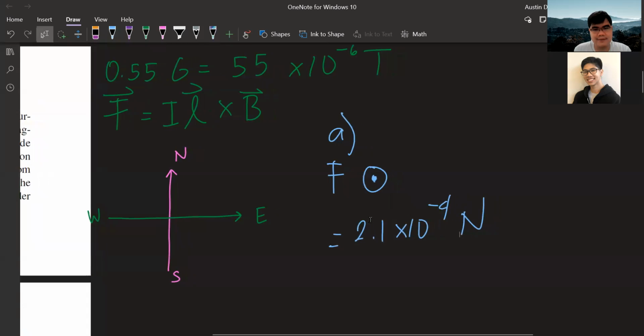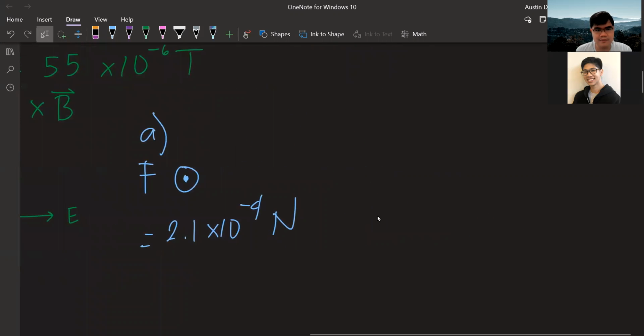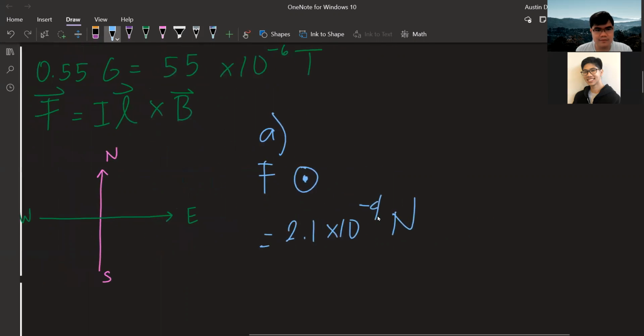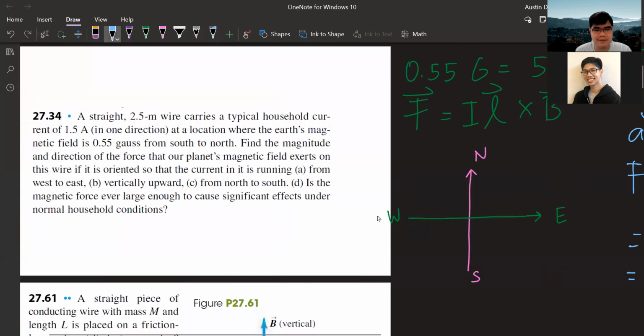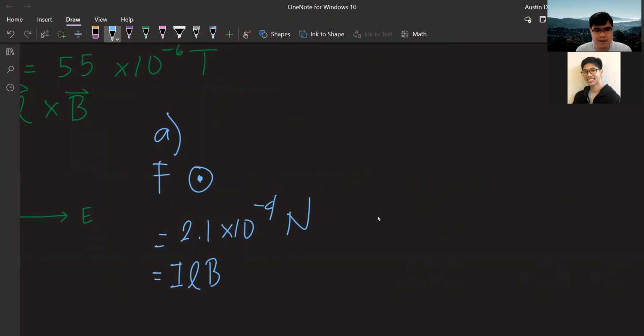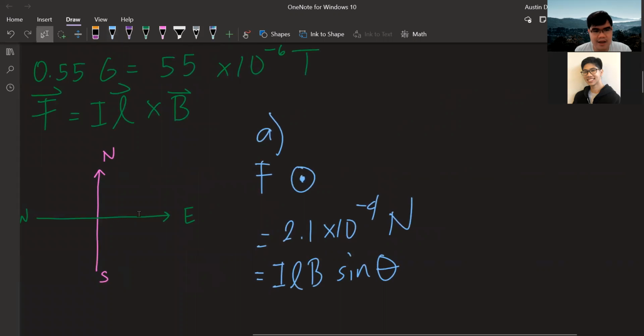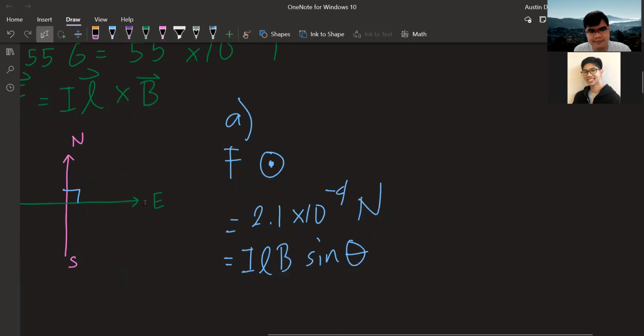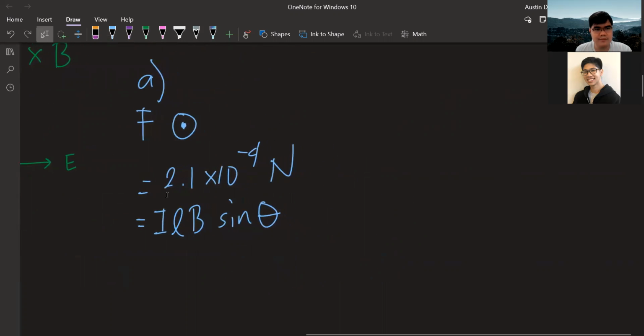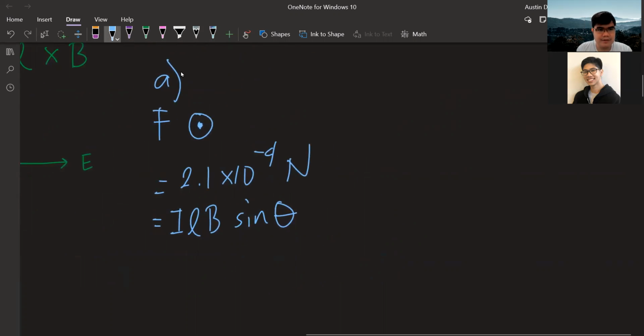So we have this. Okay, kasi ito ay nakuha by plugging in I. Tapos yung length, which is 2.5 meters. B. Then sine theta. Yung theta ay 90 degrees.